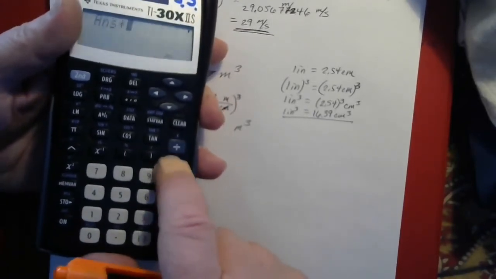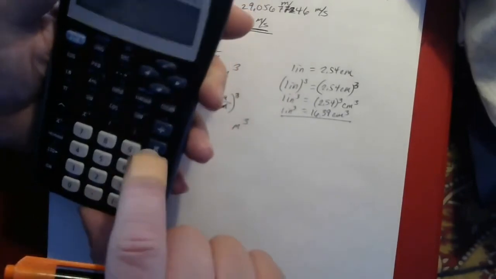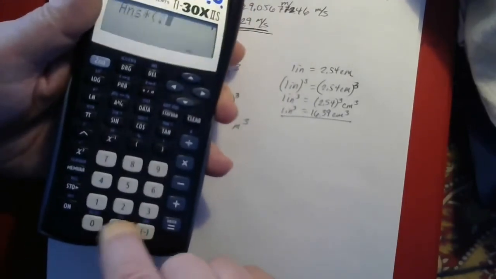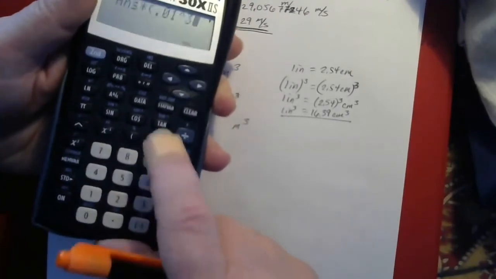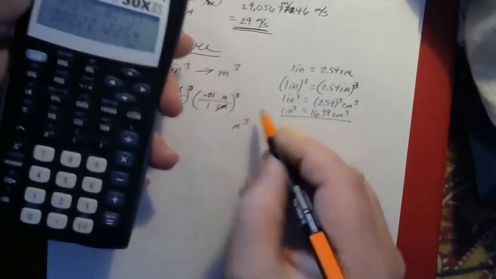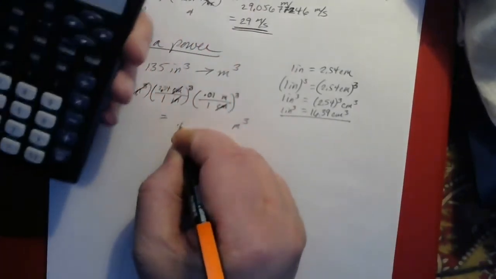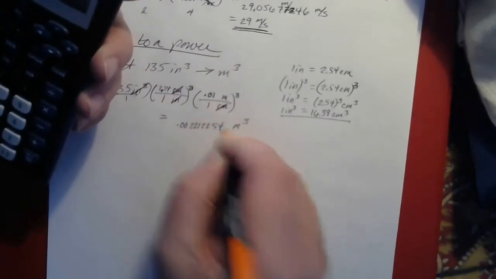And then you can multiply by 0.01 to the 3rd power. And again, I'd use parentheses around that, 0.01 raised to the 3rd power, close parentheses, hit equals, and you get 0.0022122254.